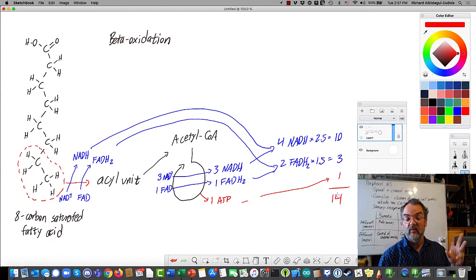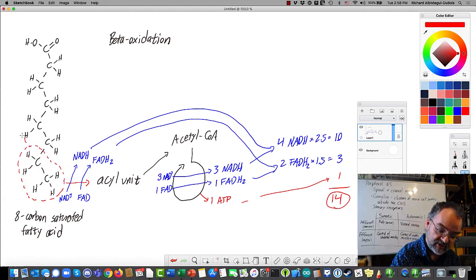So when you're metabolizing this fatty acid, when I break off that last 2 carbons, from that whole process, between breaking it off, running that through the Krebs cycle, and running all of the NADH and FADH2 through oxidative phosphorylation, net gain from that last 2 carbons is going to be 14 ATP, which we can then do again with the next 2 carbons.